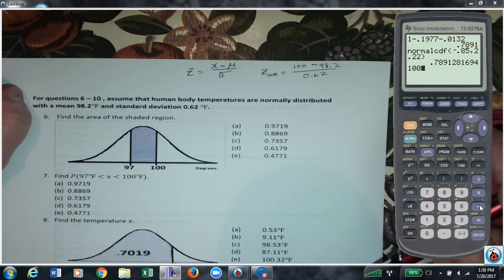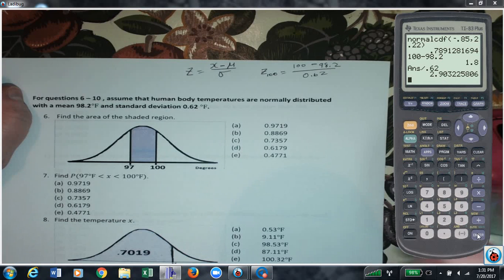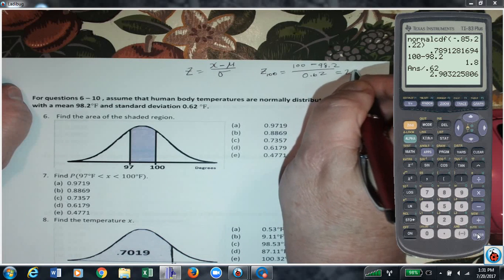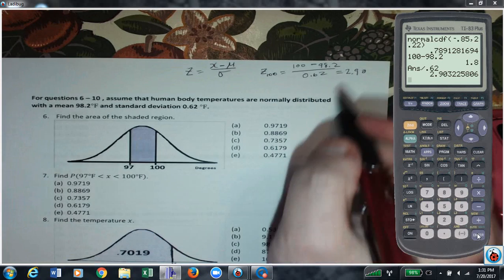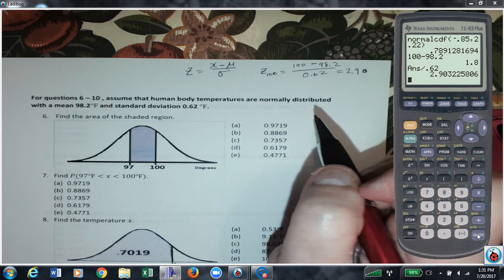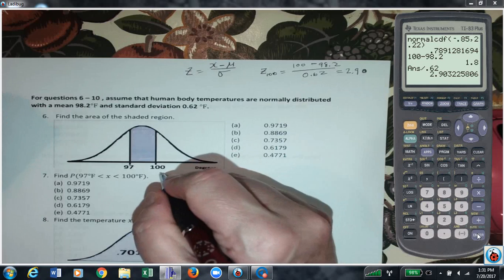So 100 minus 98.2, enter, then divided by 0.62. And that gives me 2.90. It's customary to round z-scores to 2 decimal places.